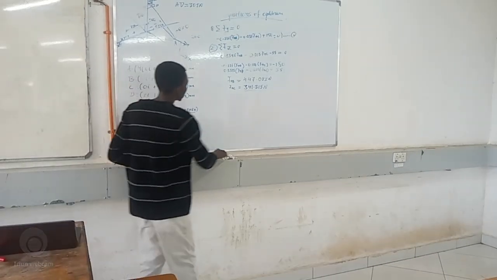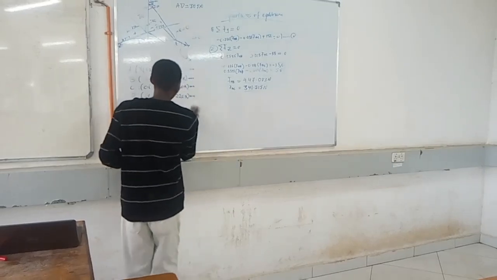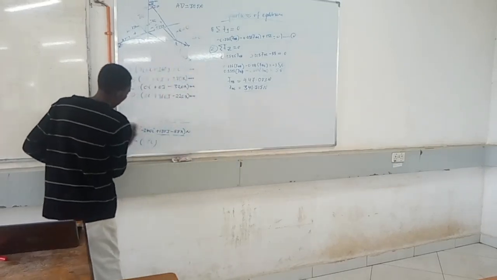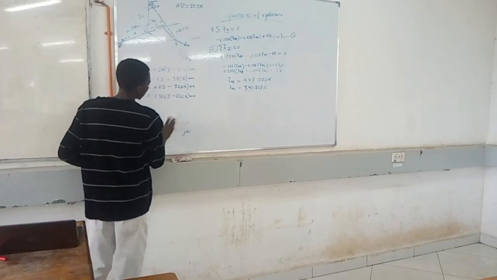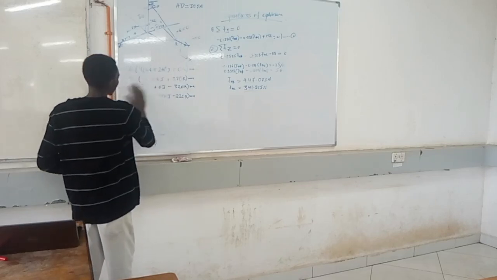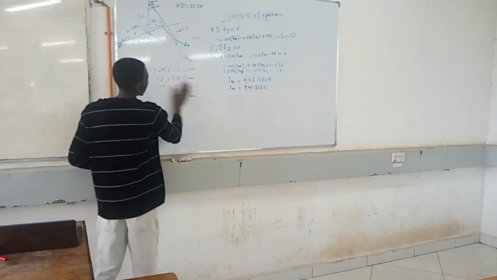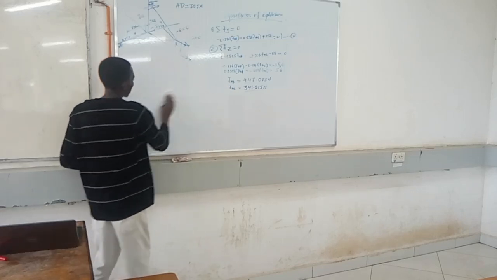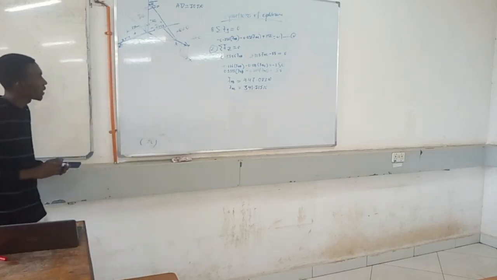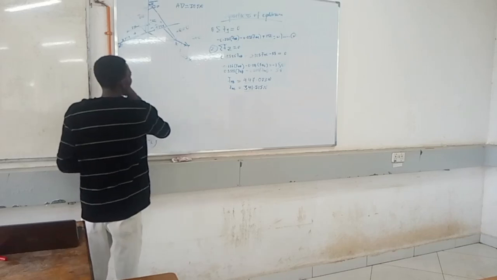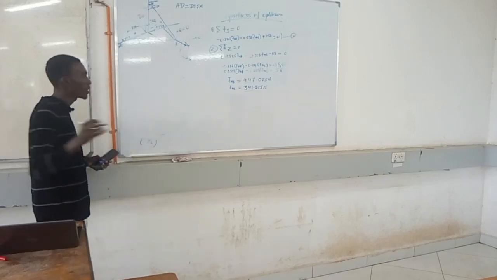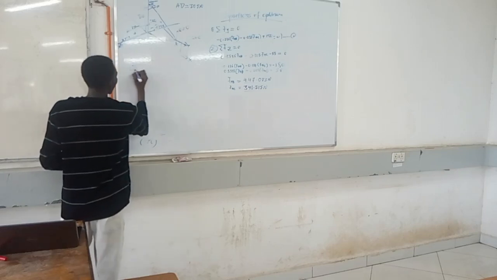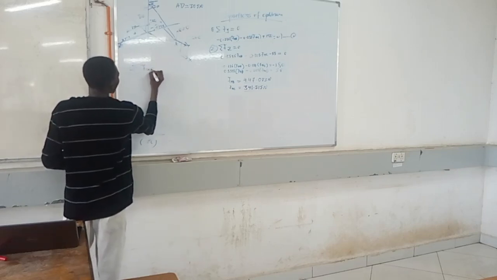Our next step, we're going to apply the other equation of equilibrium, the last equation, which is the sum of the forces now in the x is equal to 0.